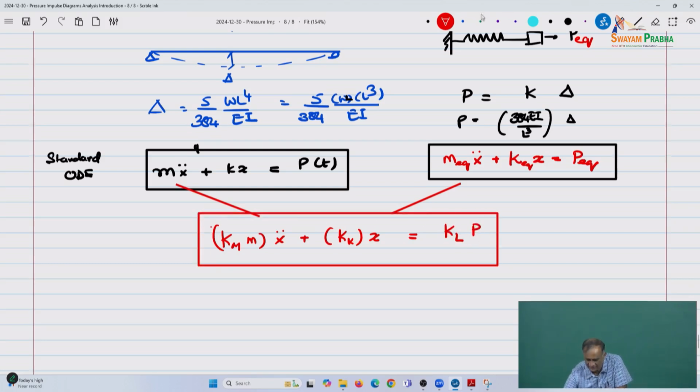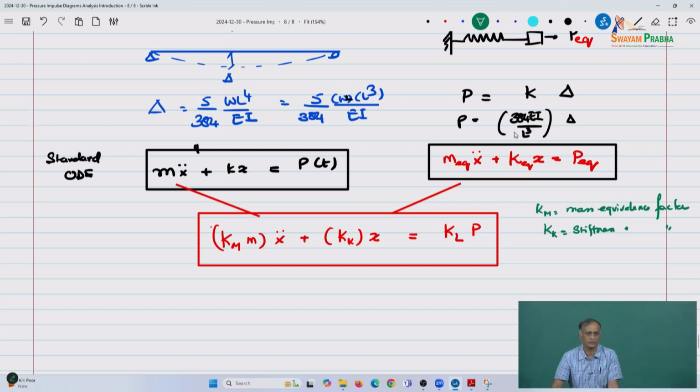Here Km is the mass equivalence factor, the term Kk is your stiffness equivalence factor. In this example the stiffness equivalence is 384 by 5, I forgot that.